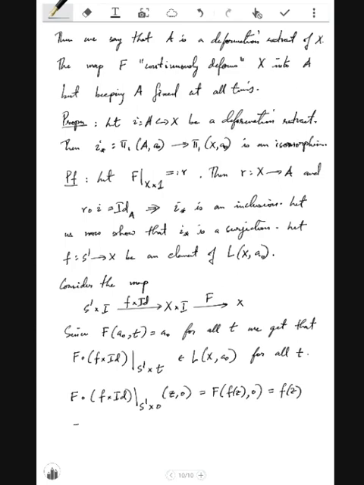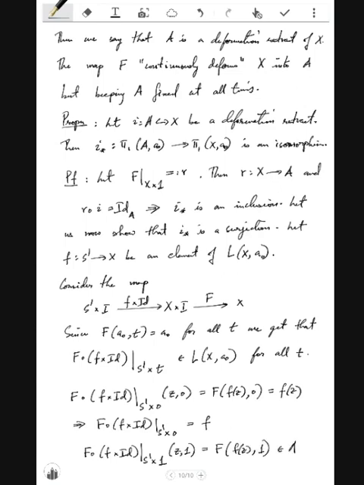So this implies that F compose f cross identity restricted to S1 cross 0 is equal to f. And F compose f cross identity restricted to S1 cross 1, when we apply it on z comma 1, is equal to F of z comma 1.